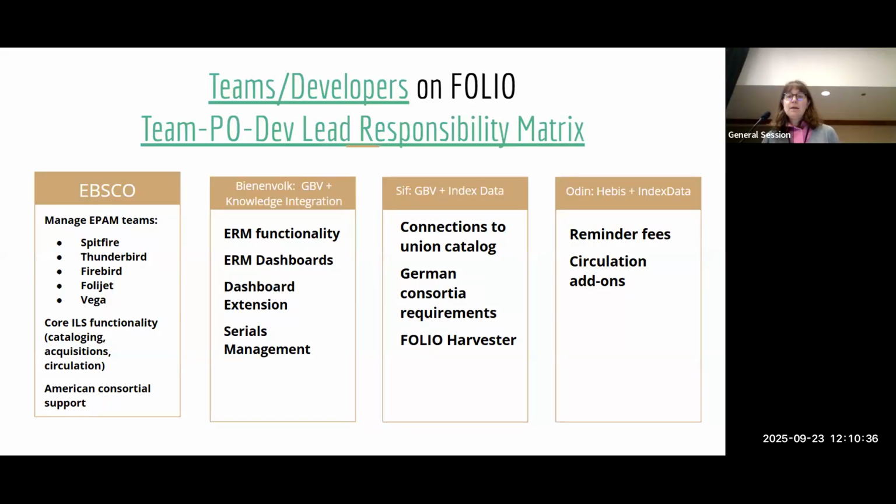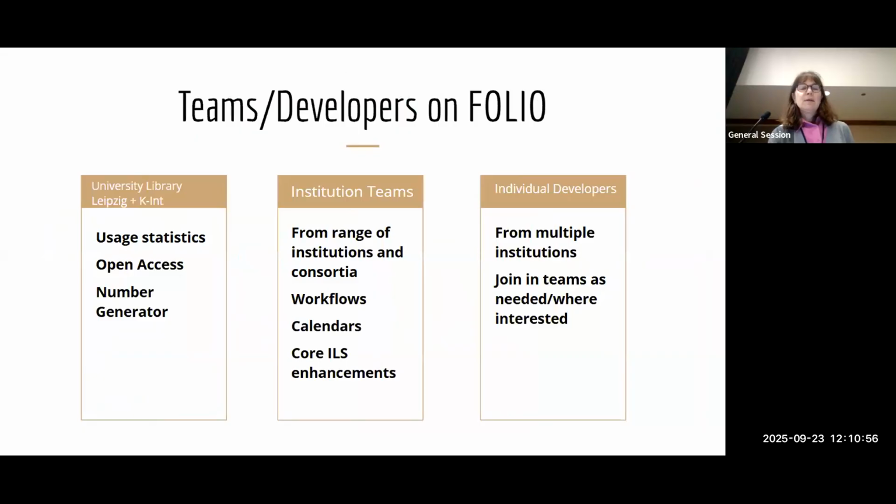And then SIF, which is GBV and index data, is providing connections to the Union catalog for German libraries, the consortial requirements, the Harvester, and there's some other groups from Germany, Odin, which is working on reminder fees, circulation add-ons, and then we have Leipzig, which is working on usage statistics and open access app.